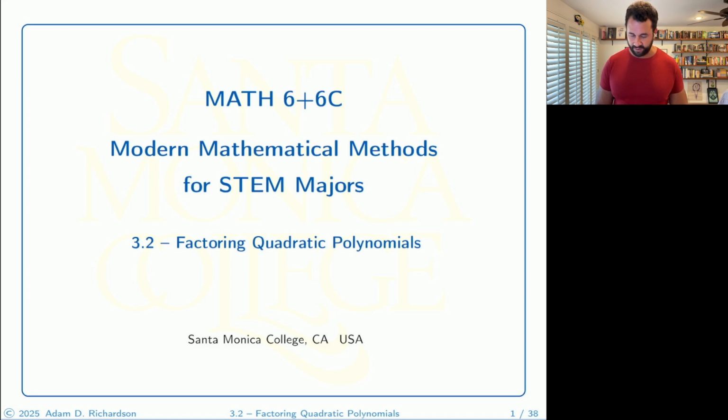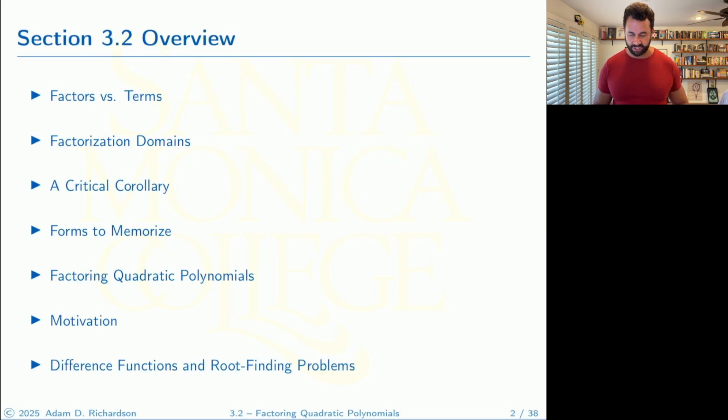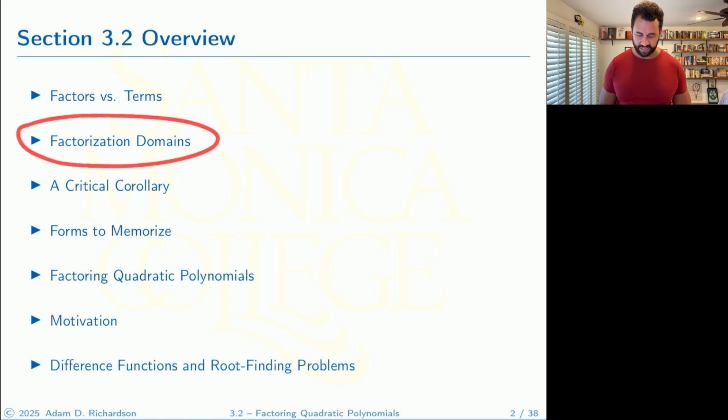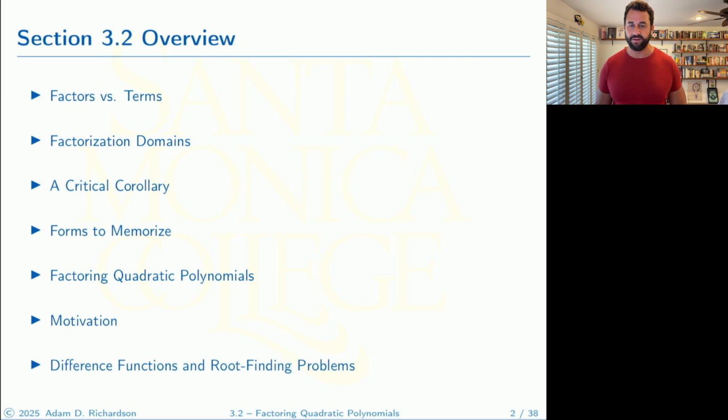Okay, here we go. So here's the overview for the section. We're going to review the difference between factors and terms again. That's a critical thing to understand. We're going to talk about what are called factorization domains. This section actually has a few things that set it apart from other standard precalculus classes. You might not have ever heard of factorization domains, but they're important.